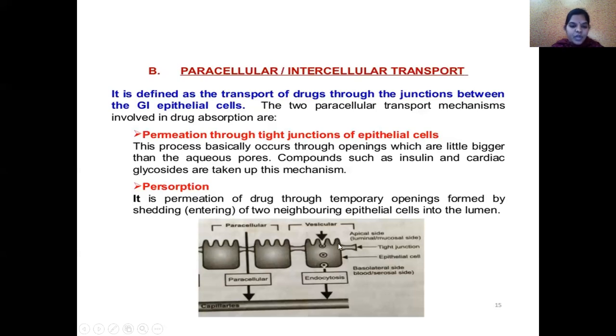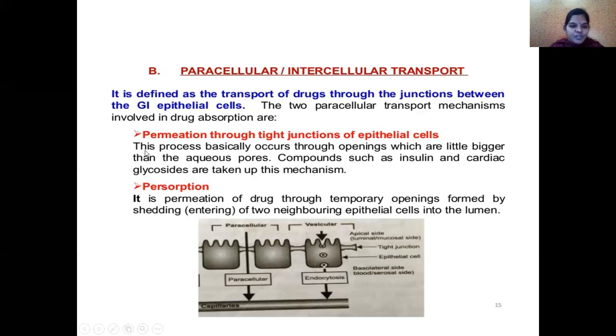The paracellular transport of drugs is of two types: permeation through tight junctions of epithelial cells, or persorption. What do you mean by permeation? It is the diffusivity of the drug particles from the site of administration to the plasma, which is the main objective of our drug absorption.